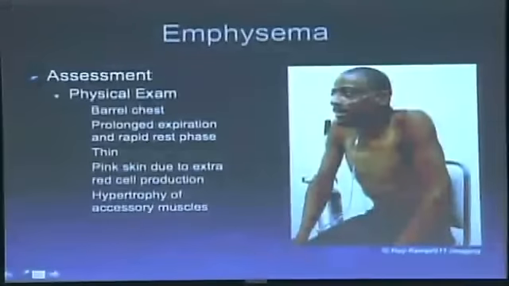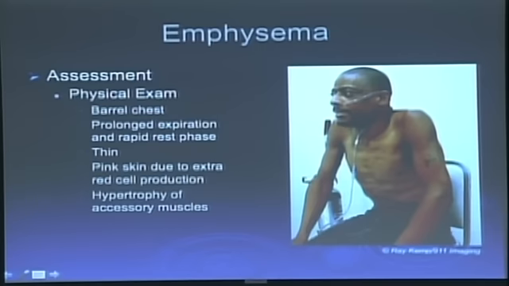So the characteristic of emphysema is your expiratory phase is longer. You can see that on your CO2 on your capnography. The expiratory phase is long, and then that means the rest phase is short.